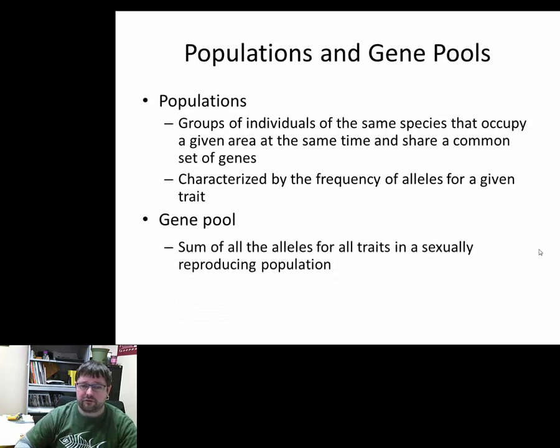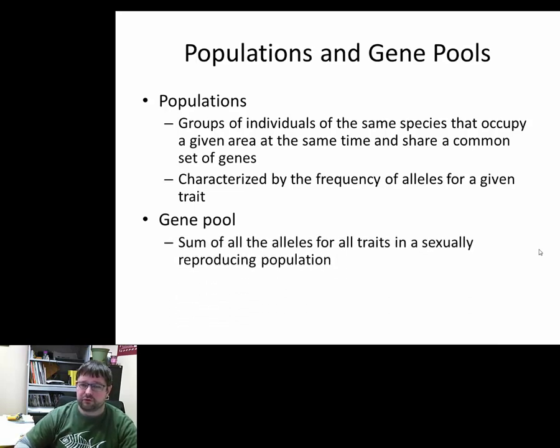So again, bringing it back, gene pools are just the summation of all the alleles in a given population. Now, like I said before, often gene pools are incomplete. We don't actually know how many different genes or how many different varieties of those genes are there for a given population.